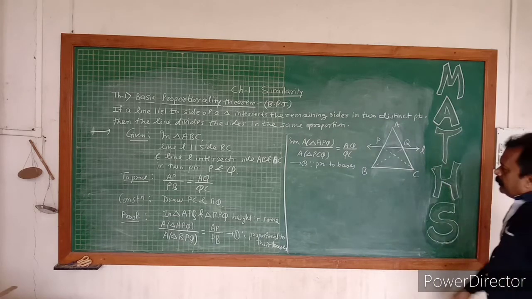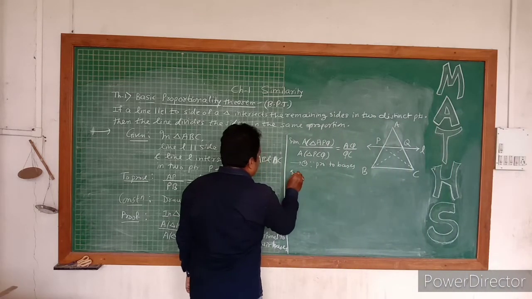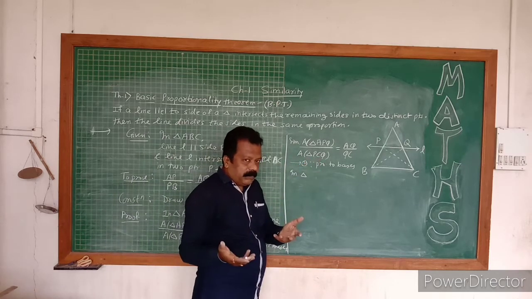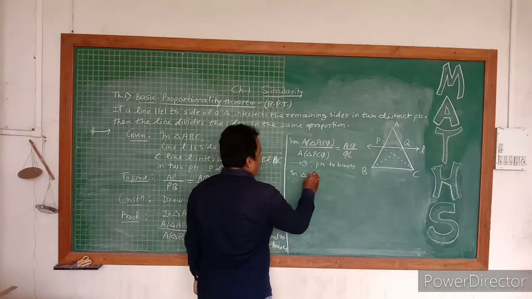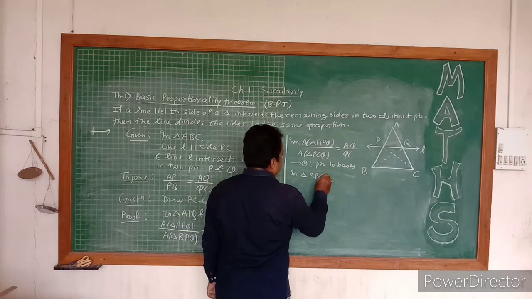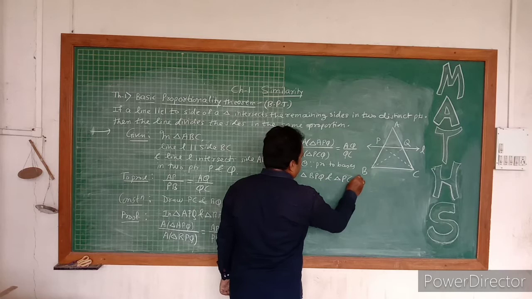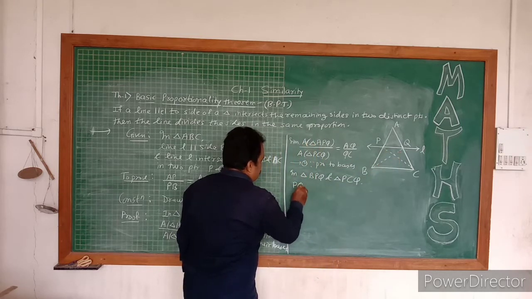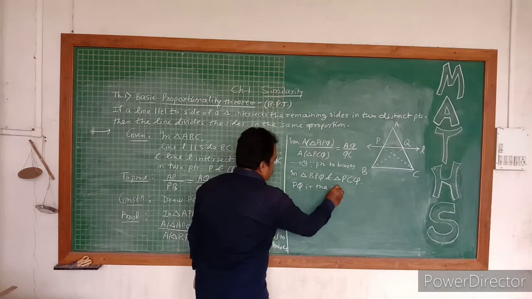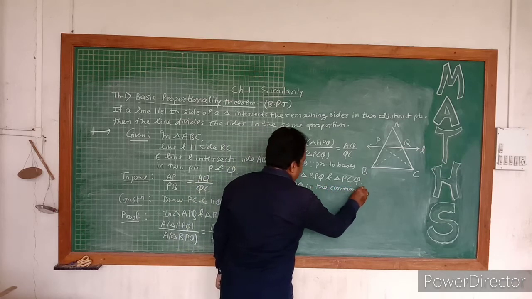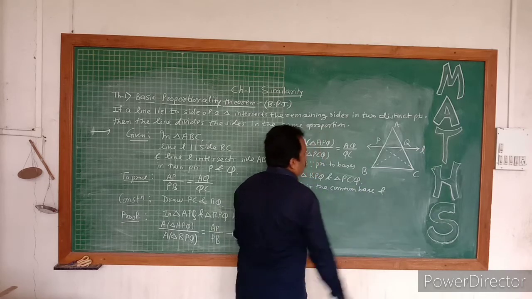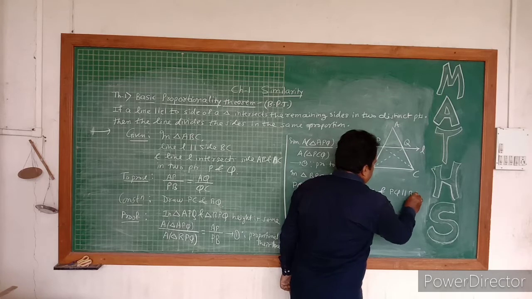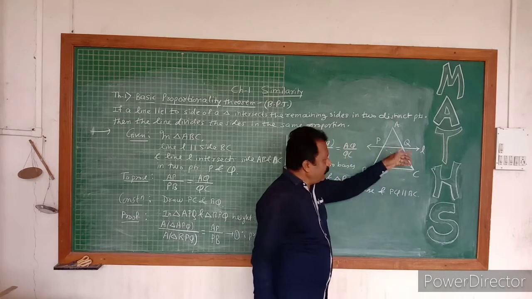Now write: our target is to show that BPQ and PCQ have the same area. In triangle BPQ and triangle PCQ, PQ is the common base, and PQ is parallel to BC.